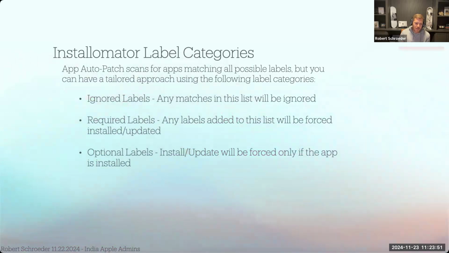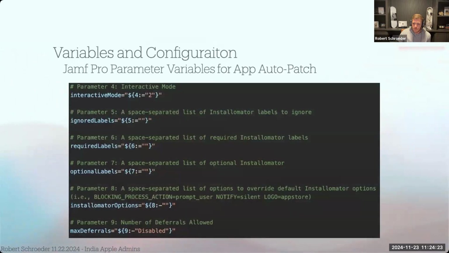So if you wanted to ignore everything in the Installomator repository, you can use a wildcard to ignore everything. But if you want to make sure that Google Chrome is updated, then you can put the Google Chrome app label in optional. It'll skip everything and only care about Google Chrome. So that's how optional labels work. So if that's a scenario that you're interested in, you can go down that road.